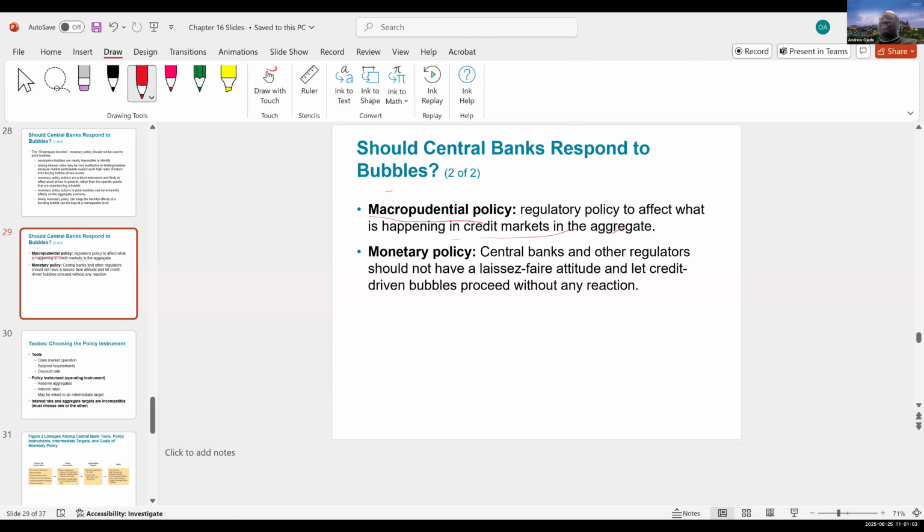For example, the Federal Reserve might set some lending standards for banks. Banks should follow certain rules when they lend money. They should not be reckless in lending money to an industry, because that's what we saw in the early 2000s, what caused the financial crisis. So some argue central banks and other regulators should not have a laissez-faire attitude, where they let the free market go wild. The Fed should actually have some kind of controls.